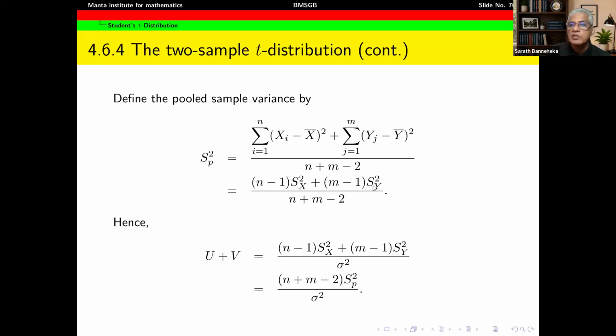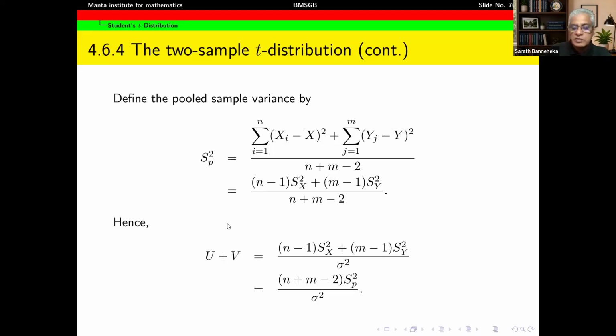Sy square is an estimator for the same sigma square using the second sample. So what we have here is the weighted average of those two estimators. N minus 1 is the weight here, m minus 1 is another weight. It's called the pooled variance estimator for sigma square.